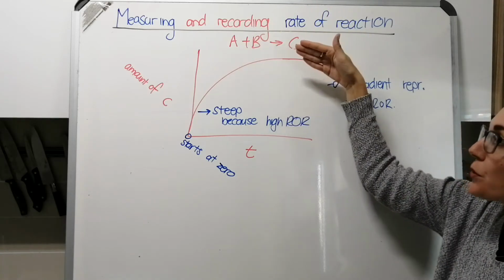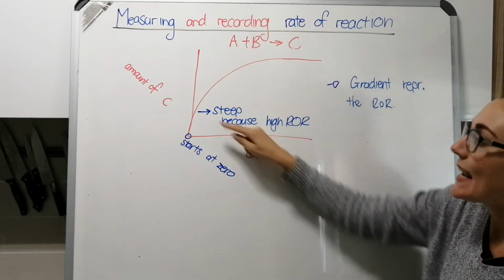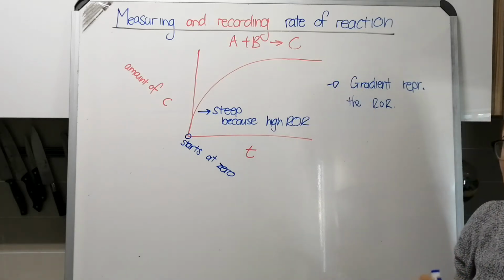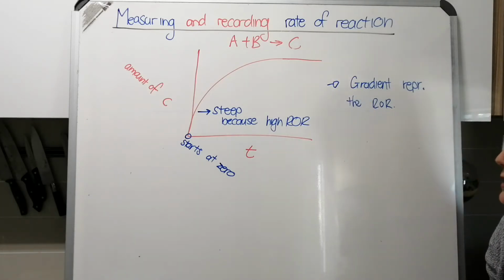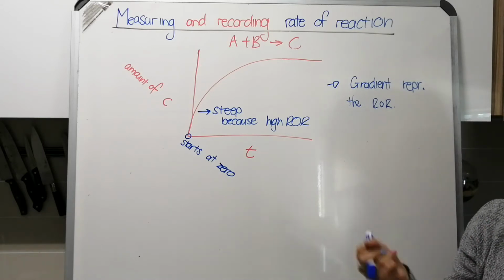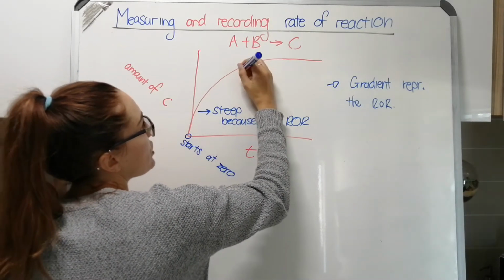So as the reaction progresses, the concentration of your reactants decreases, and as a result, the rate of reaction decreases. Because, and we can link this all to collision theory, you're having fewer successful collisions, because there are fewer collisions in general. So it starts steep because there's a high rate of reaction.